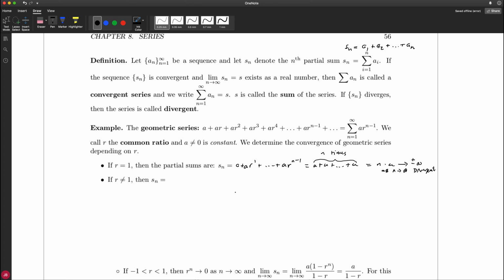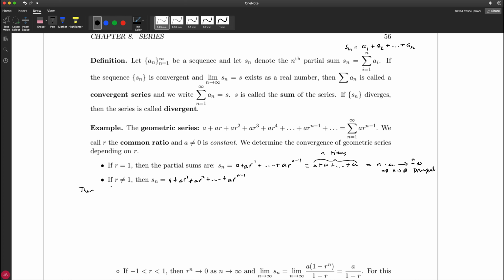All right, but if r is not equal to 1, then let's see what happens here. First, let's recall S_n is a plus ar to the first plus ar squared plus dot dot dot ar to the n minus 1. Now we're going to do something a little cheeky here.